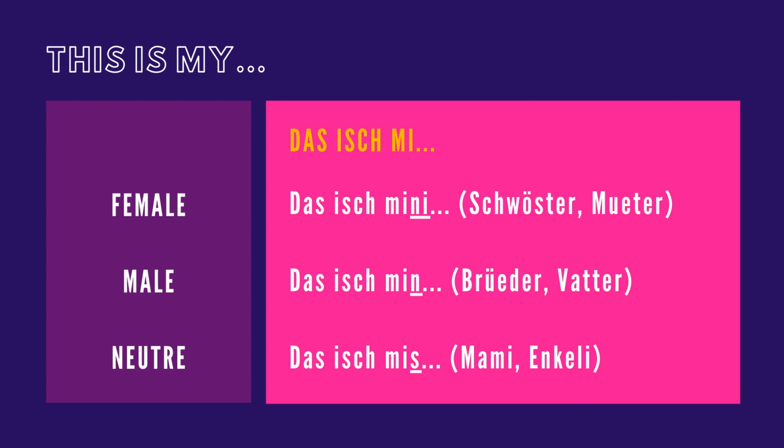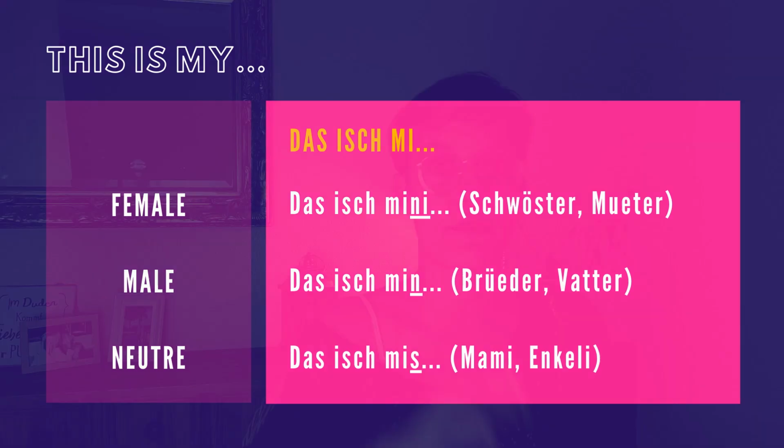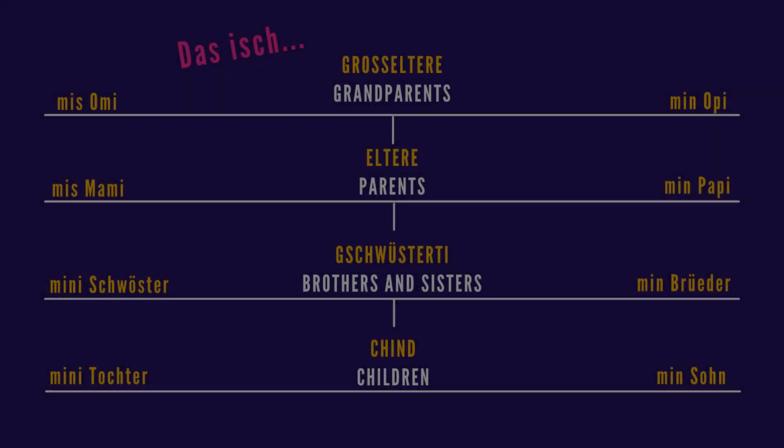It's really strange because Mutter is female, but Mami is neuter. Don't ask me why, you just have to learn it by heart. So neuter, you would say, das ist mis Mami. Das ist mis Enkeli. So mini, mein, mis. Keep that in mind.